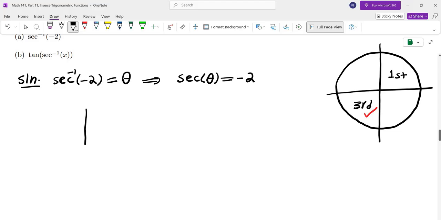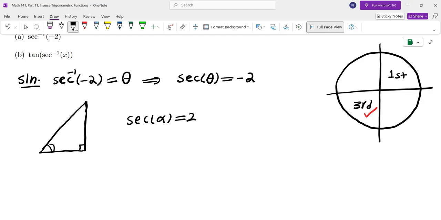So let's look at an angle whose secant is 2, and then let's figure out what it should be. So I have this angle. Let's call that alpha. That secant of alpha is 2. So that would be something in the first quadrant, and then we are going to add pi to go to the third quadrant.